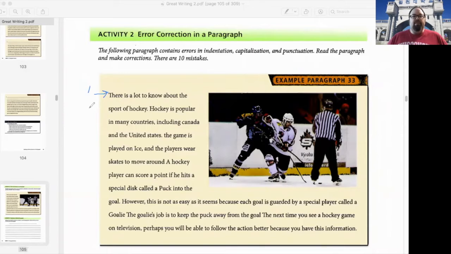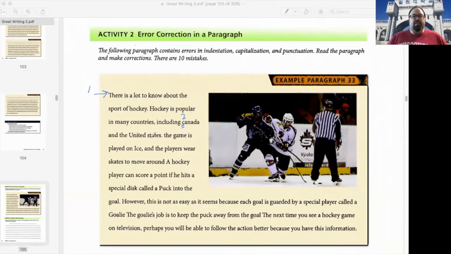Let's see. There is a lot to know about the sport of hockey. Okay, there's nothing else wrong there. Next sentence, hockey is popular in many countries, okay, including Canada and the United States. Well, Canada is a country, and so the first letter, the C, should be capitalized. So that's our second mistake.